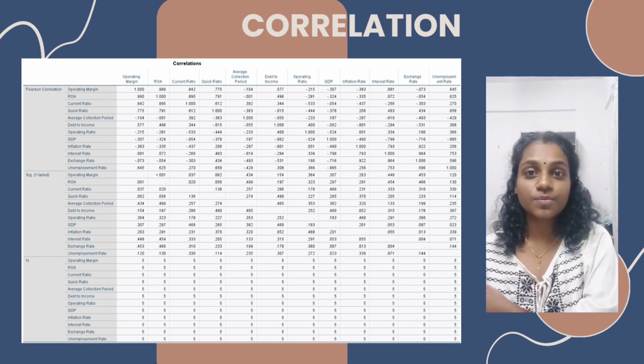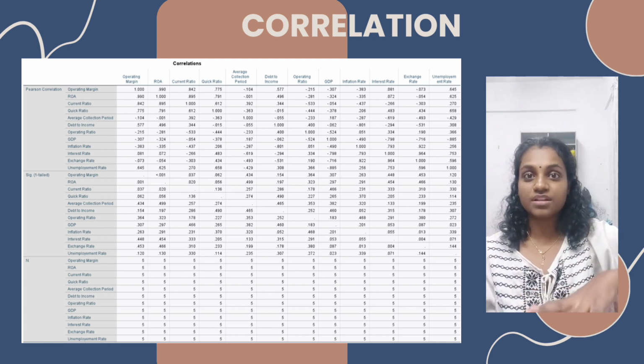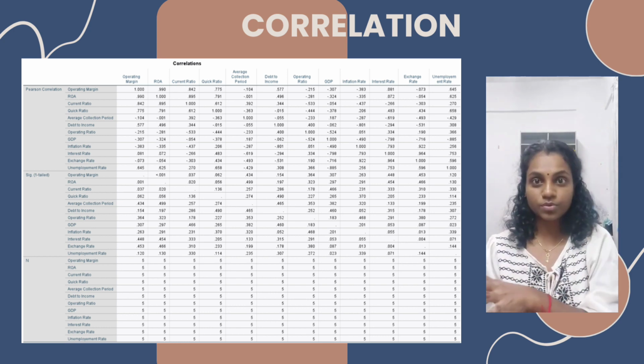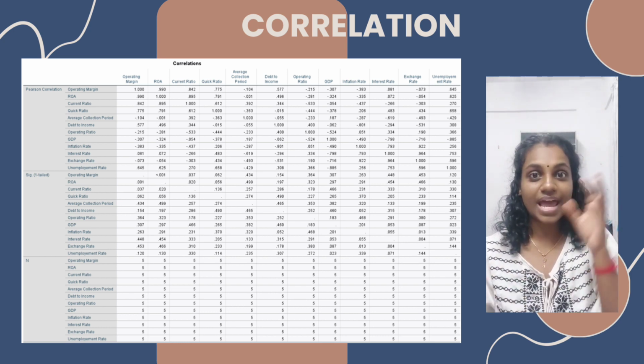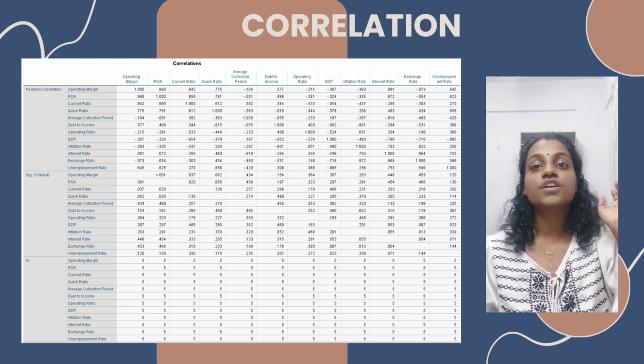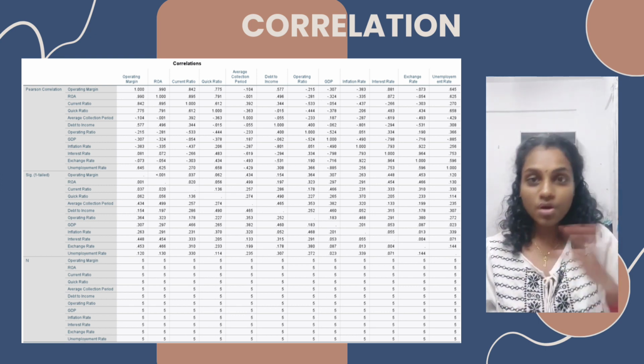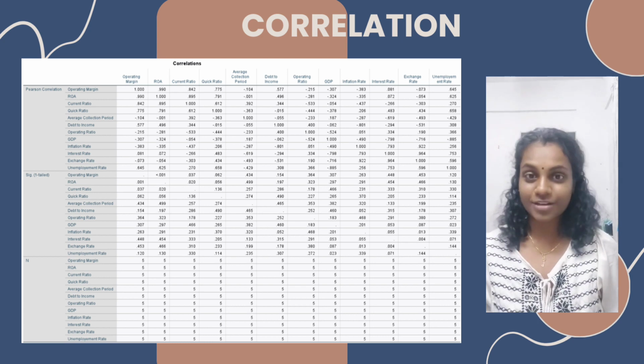Notably, other variables like average collection period, operating ratio, debt to income, GDP, inflation rate, interest rate, exchange rate, and unemployment rate show no significant relationship with operating margin.